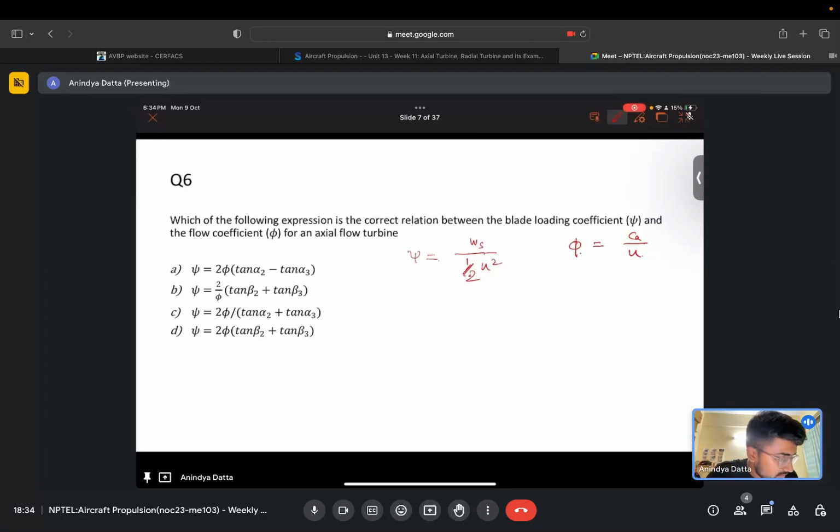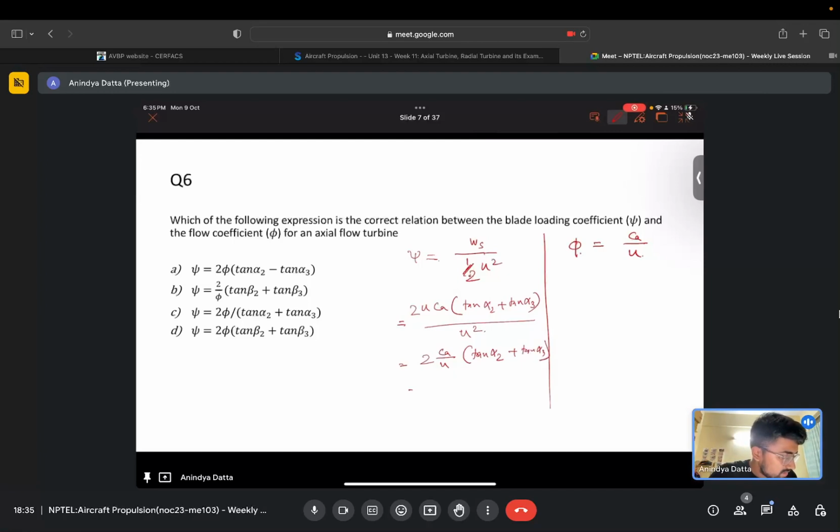Let's now start from here. This is Ws by half u square. The expression for Ws, as you saw, is U Ca (tan alpha 2 plus tan alpha 3), divided by half u square. We can take 2 on the numerator, and cancel one u from the numerator and denominator, so what we get is 2 Ca by u (tan alpha 2 plus tan alpha 3).